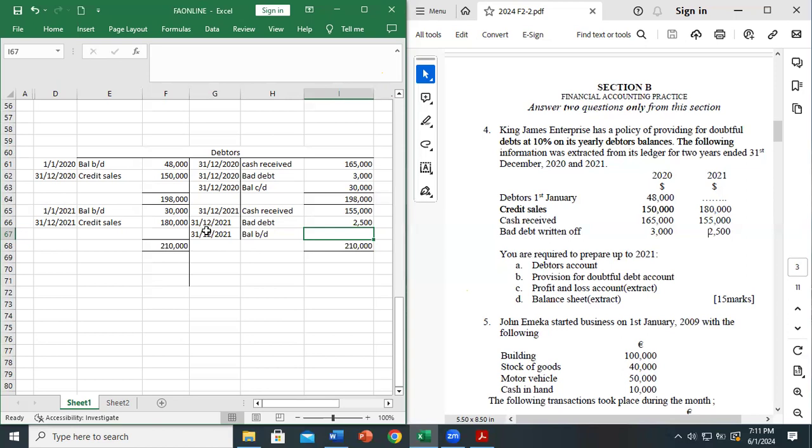Okay, let me do it myself. 157.5. So I think we have 52,500. So we bring it down to 1st January 2022. Balance brought down 52,500, and that is it. That is all that you needed to do in the exams for the debtors account.